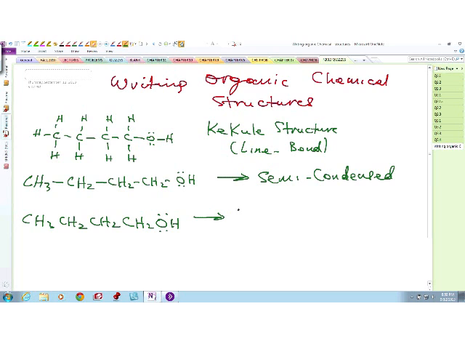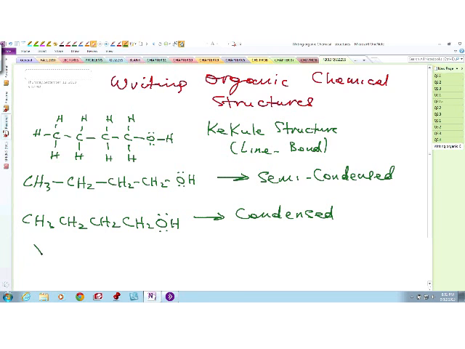So we call this condensed structure. And then we could further condense this, in which we now write the skeletal structure.